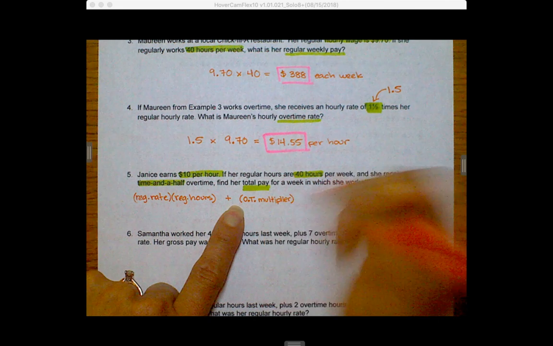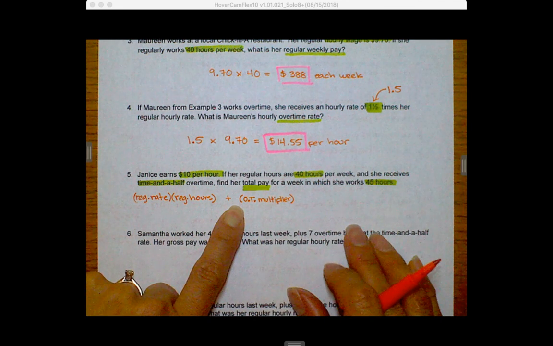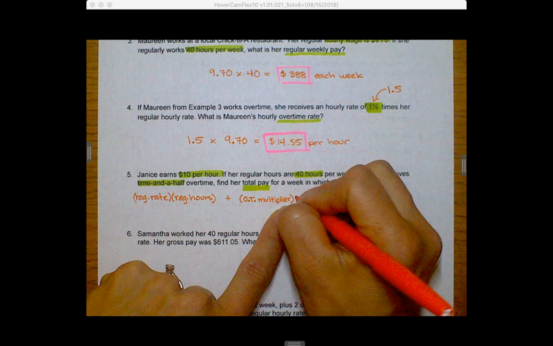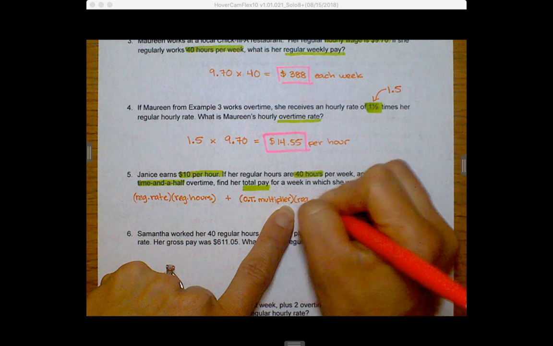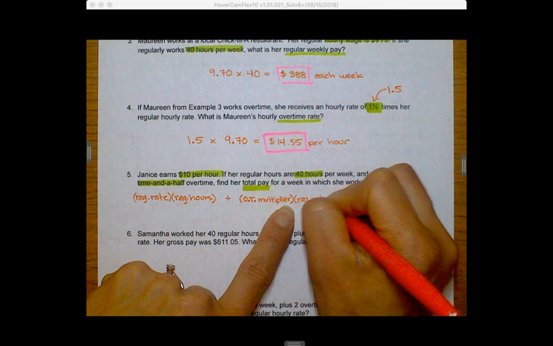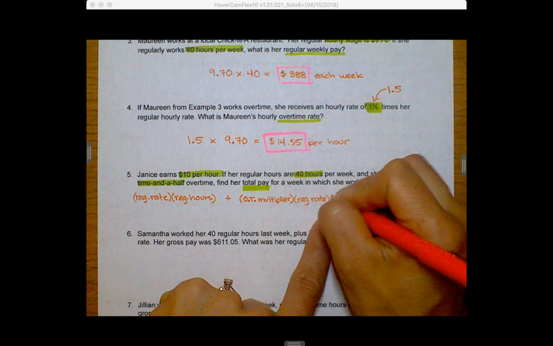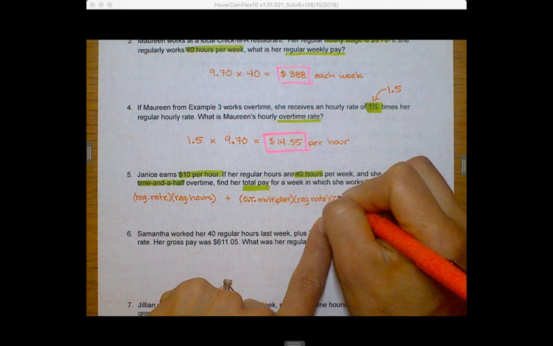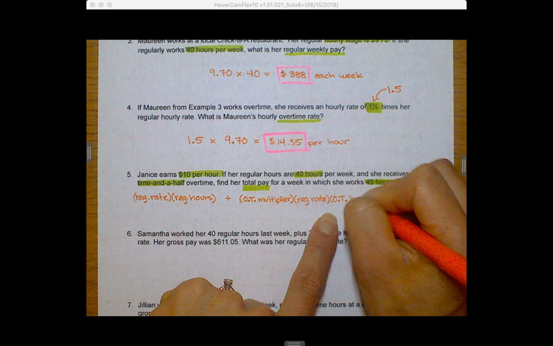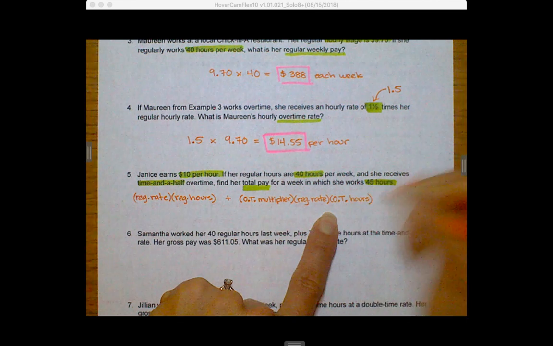In this case, we're going to use 1.5. And we're going to multiply that by her regular rate. And then we're going to multiply that by her overtime hours. Now, this is not her total hours worked. This is only the hours that were considered overtime.